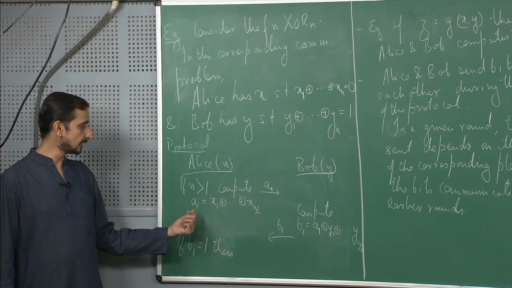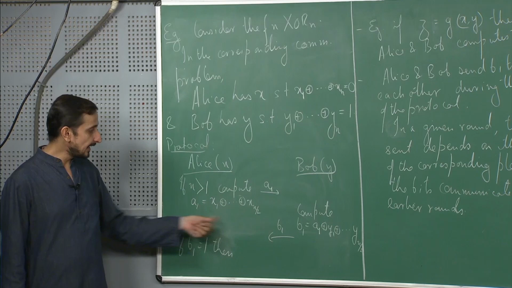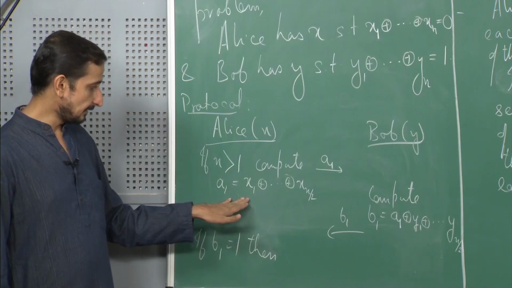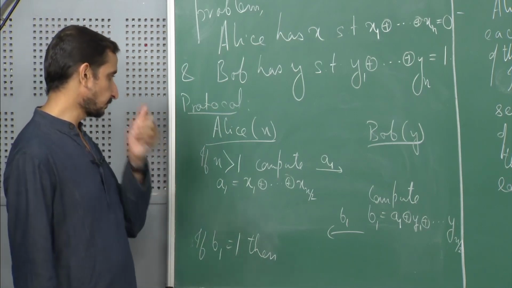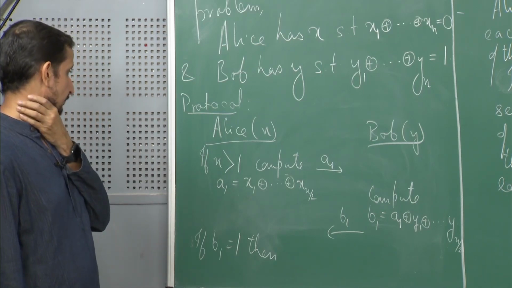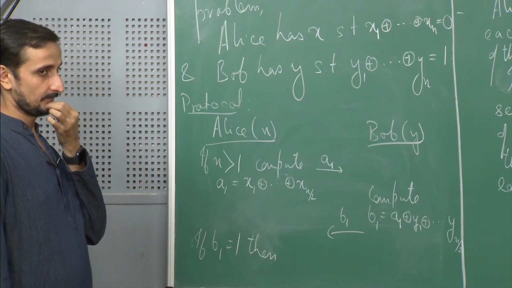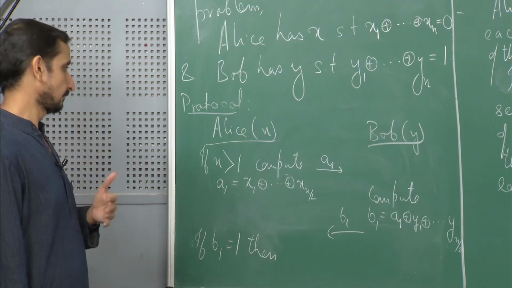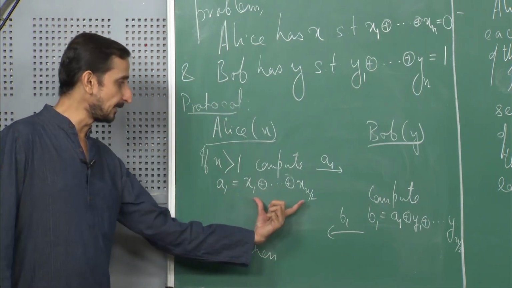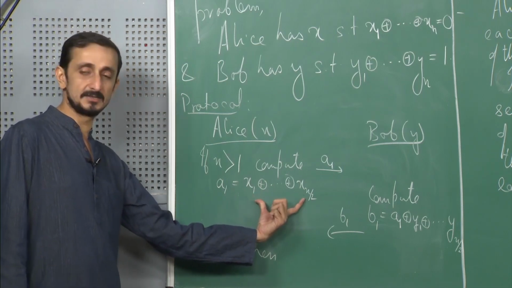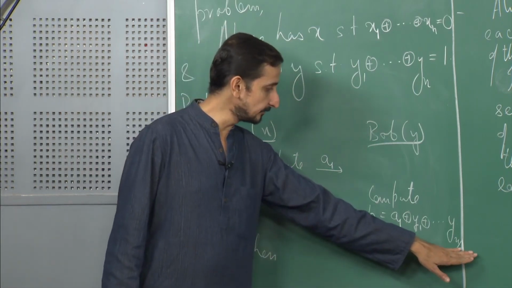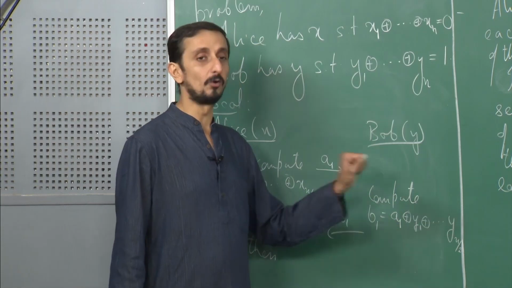So case 1 is, suppose A1 was equal to 1. If A1 is equal to 1, it means that the parity of the first half of Alice's x is 1, and then the parity of the first half of Bob's y must be 0, right.